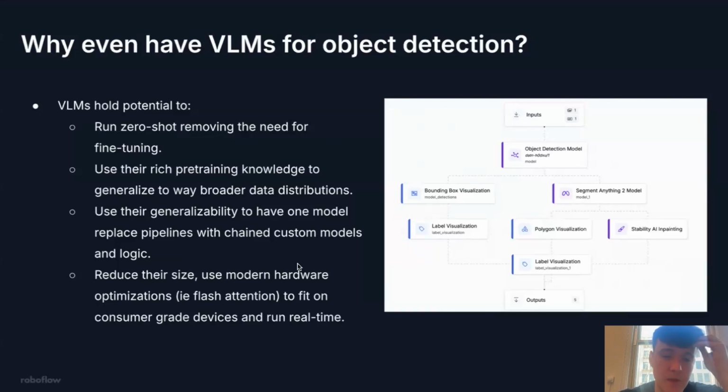And then looking into the future, right now running on edge hardware is definitely a problem, but using a bunch of optimizations created for modern architectures like transformers, and modern hardware optimizations like flash attention, quantization, and things like that, the models should in the future be able to run on edge as the hardware and architectures both progress.